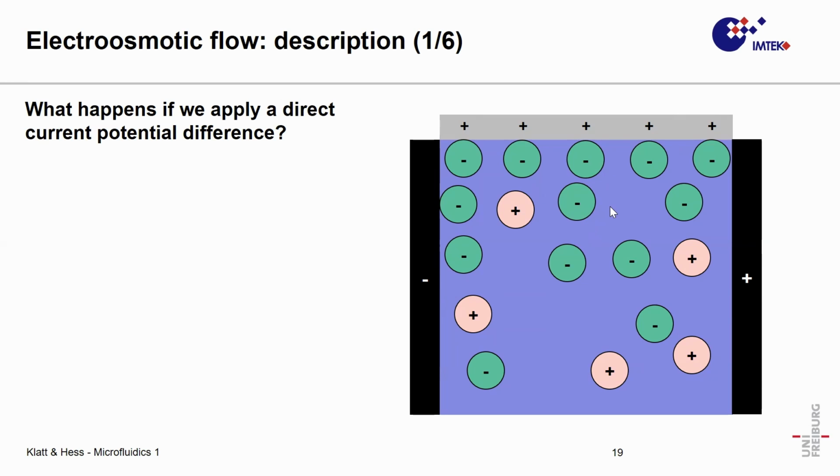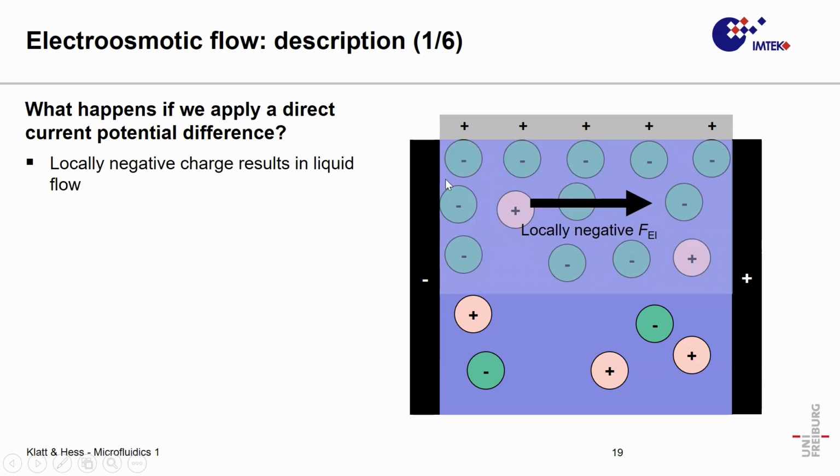The negatively charged ions will be attracted by the wall, and there will be a dielectric double layer at the wall. If we now consider the electrodes on both sides and the charge density within our liquid, we will see that there is an imbalance.